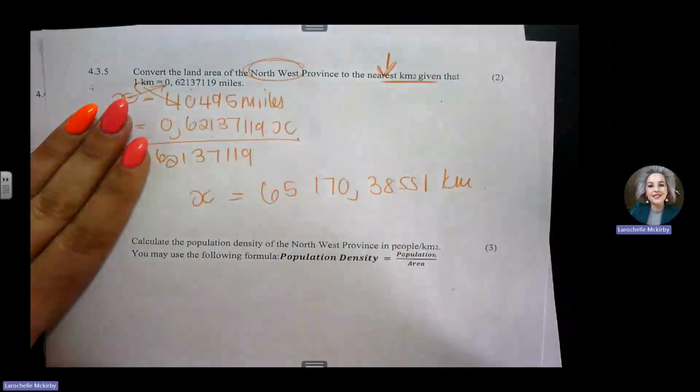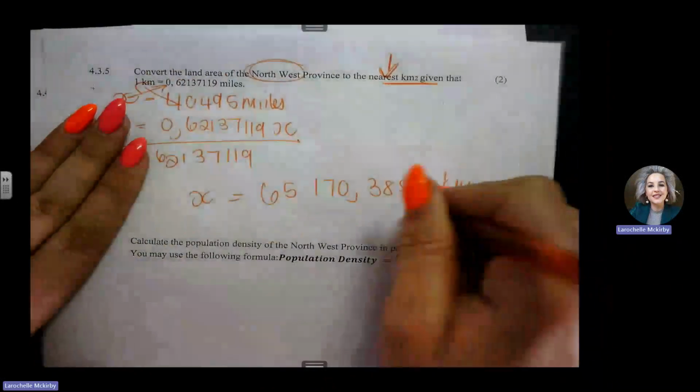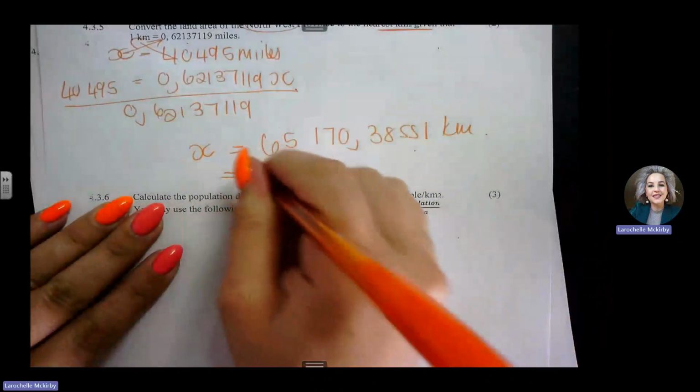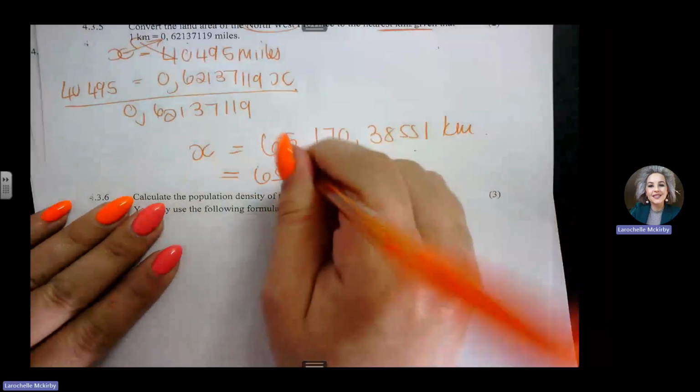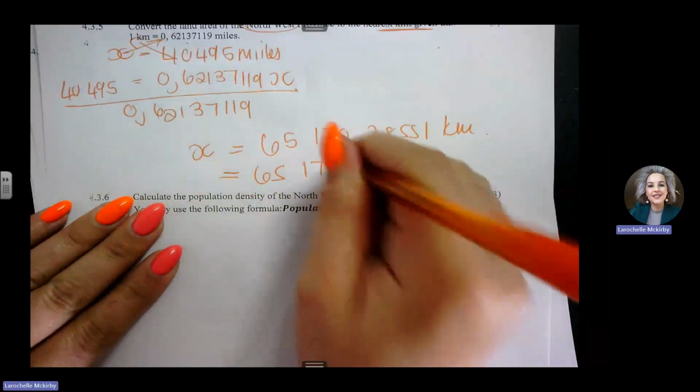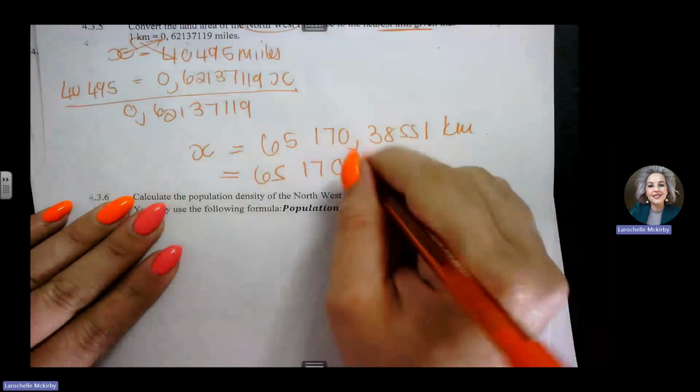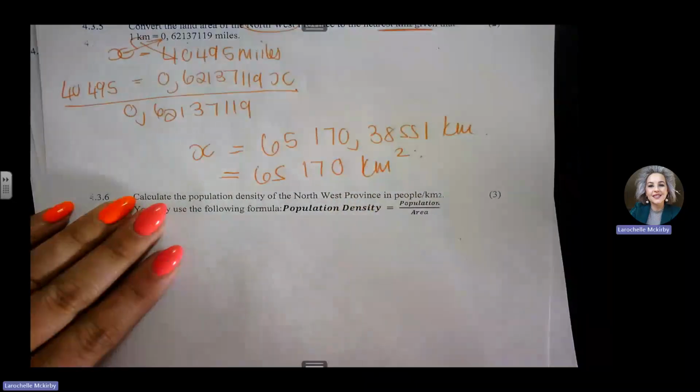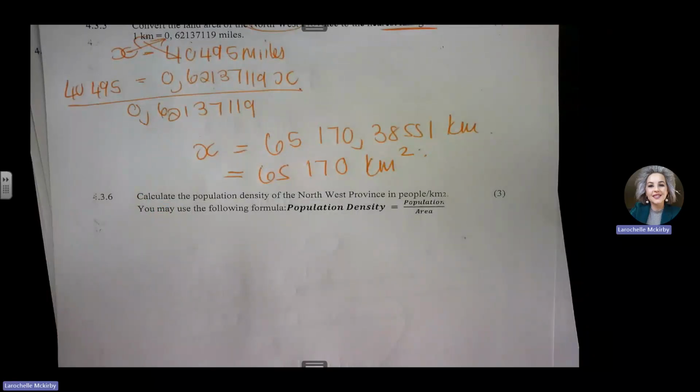Referring back to my question, looking at the word nearest, meaning I should round it to a whole number, and it will end as 65,170 squared kilometers is my area. Okay, so again, do you see? Full circle. We have started with conversions, and now we are again at conversions, just in a more formal setting.